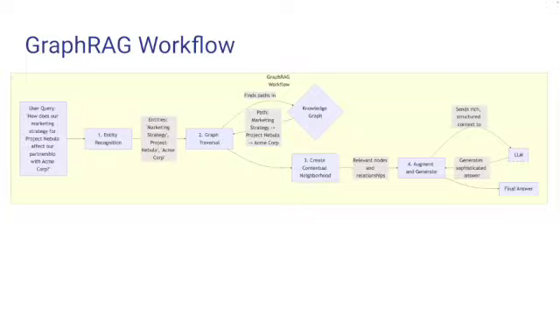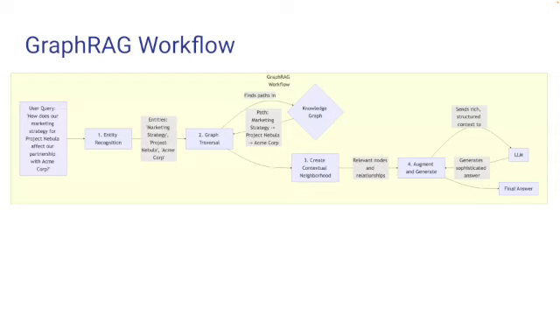Step two is graph traversal. This is the magic step. Instead of a blind keyword search, the system explores the knowledge graph, looking for paths that connect these entities. It finds the chain. Marketing strategy is for Project Nebula. Project Nebula is part of the partnership with Acme Corp, and so on.